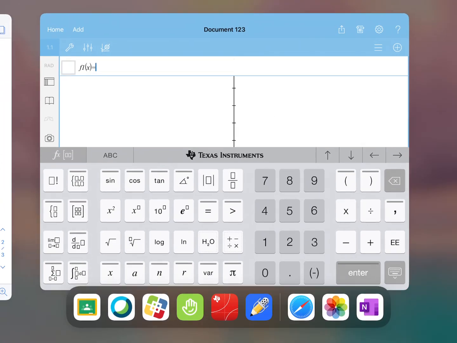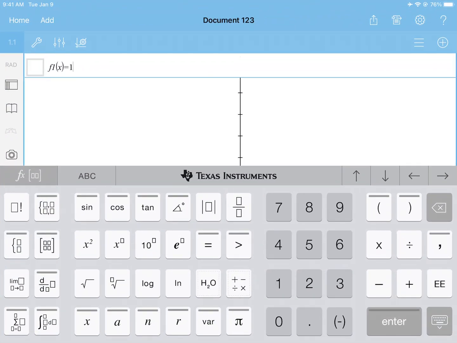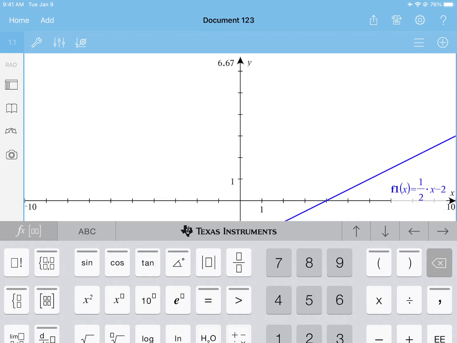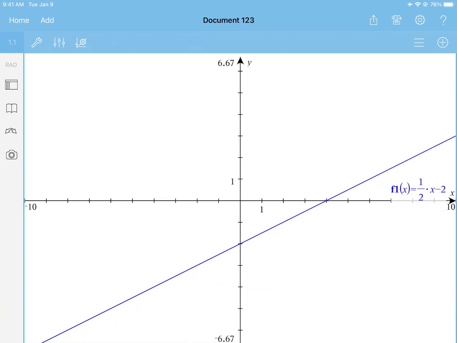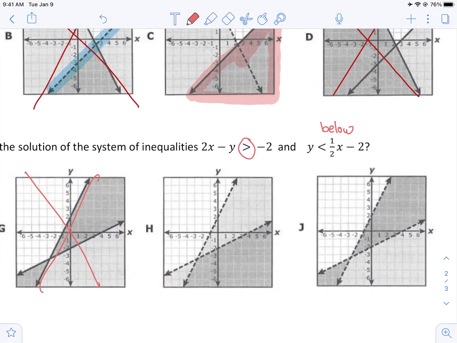The equation is 1/2 x minus 2. Okay, so if I look, it's going through -2 on the y-axis and +4 on the x-axis. So -2 and +4. So it's going to be this bottom line right here.